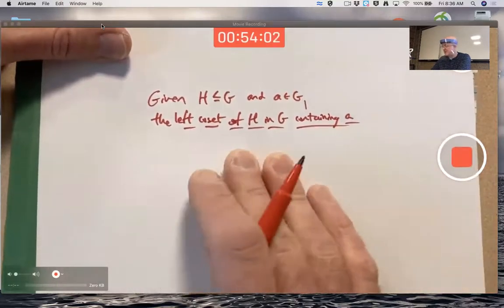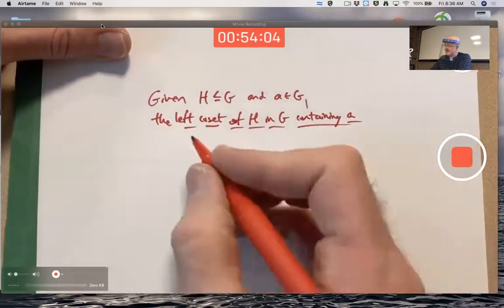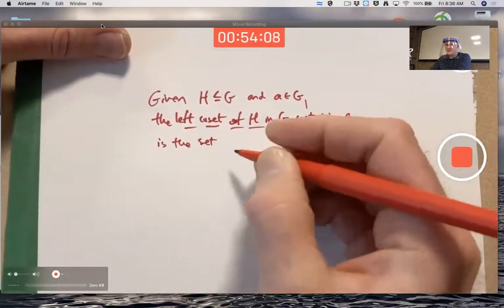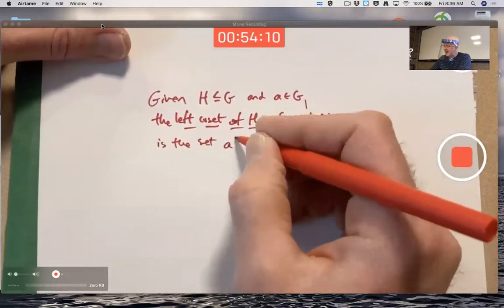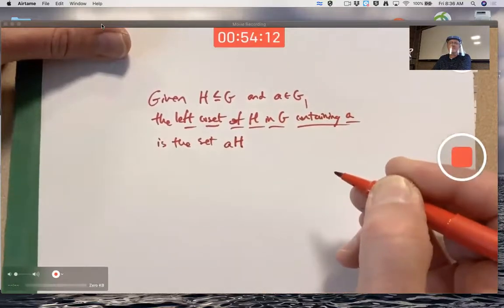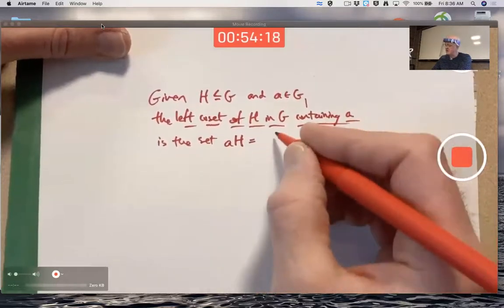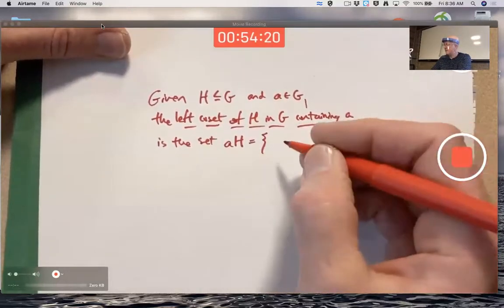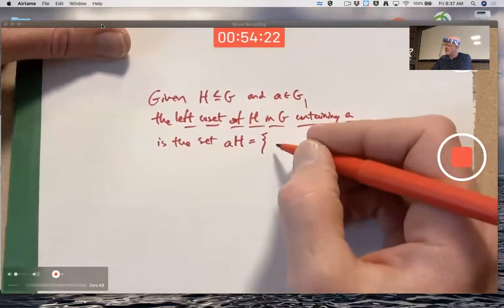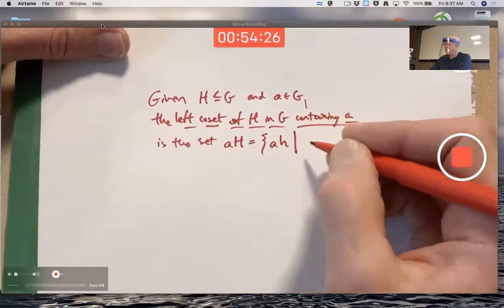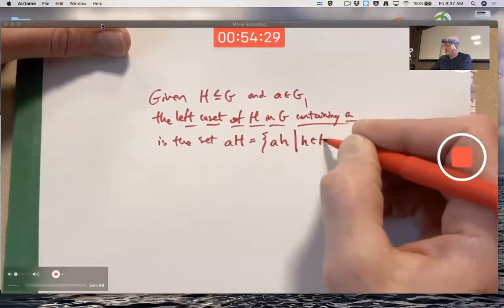The left coset of H in G containing a is the set denoted by aH, make a lowercase and H capital. And this is just notation for a set that can be described as the set of all products a times little h, where little h varies over capital H.